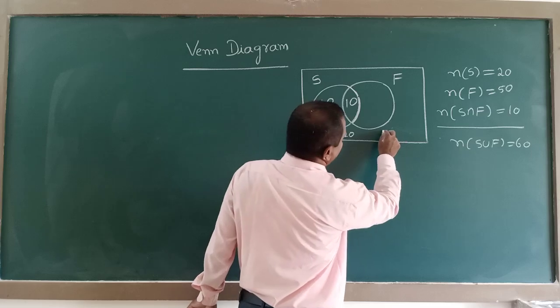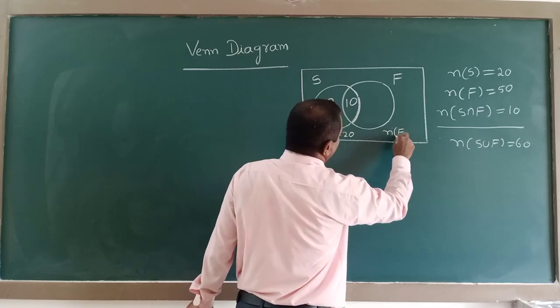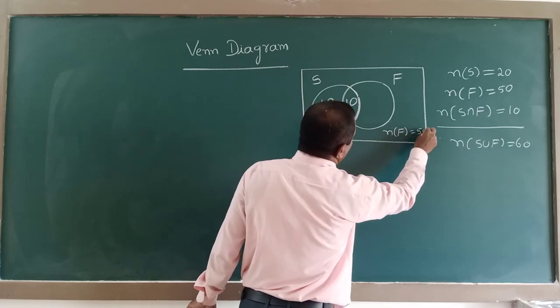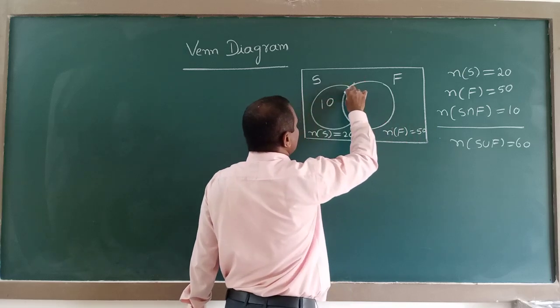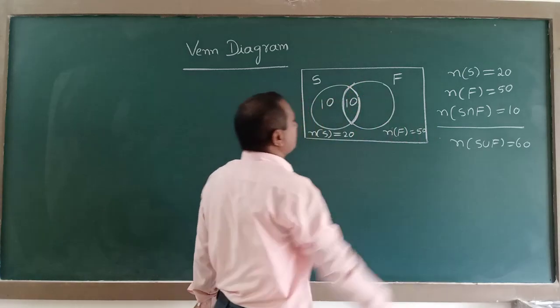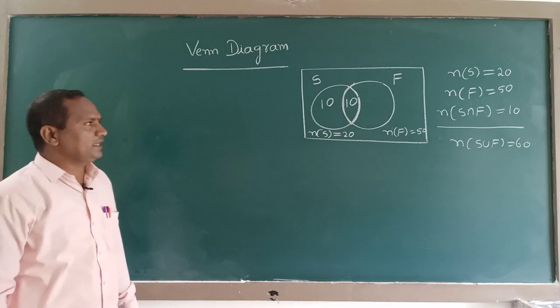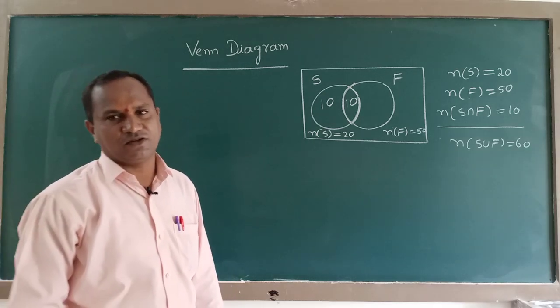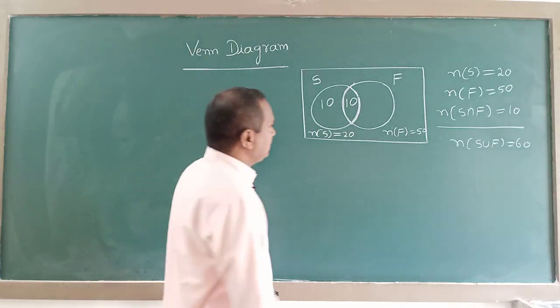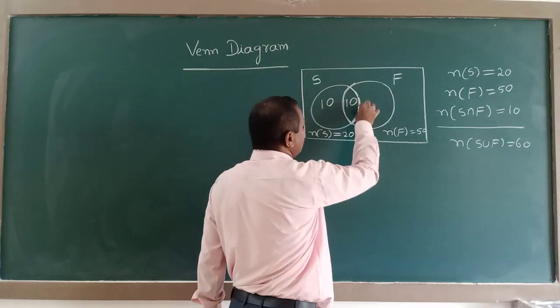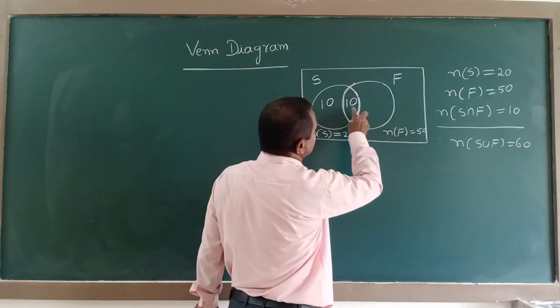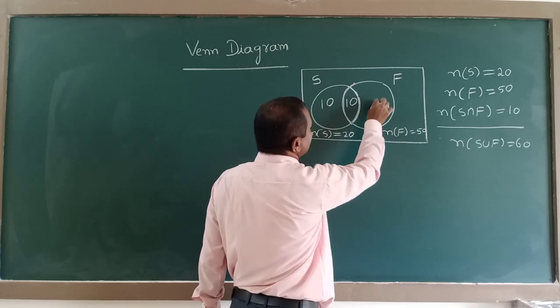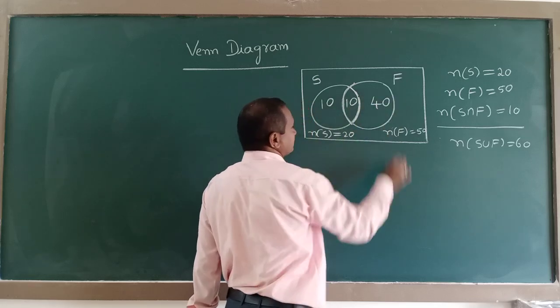Now n of F is 50. Already 10 are common to F, that is, 10 people speak French also. The remaining only F is total minus common, 50 minus 10, which is 40.